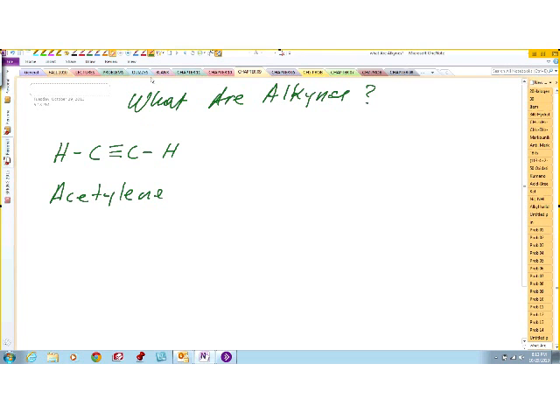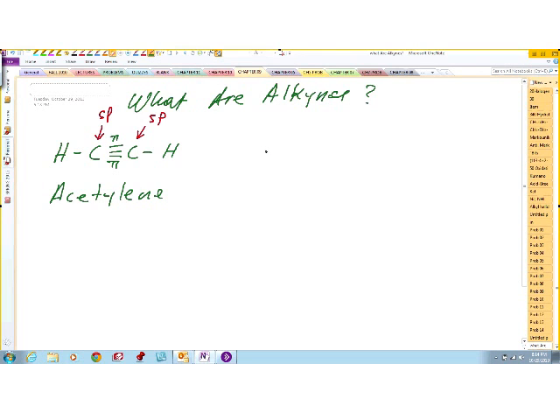And each one of these carbons is an sp hybridized carbon. This is an sp carbon, and this is an sp carbon. We also know that we have two pi bonds in this molecule, and a sigma bond right here between the carbon-carbon triple bond.